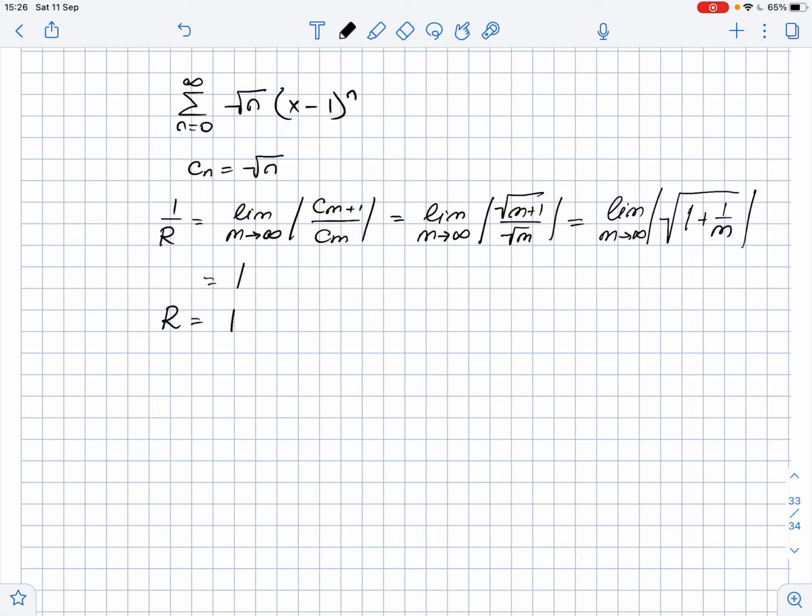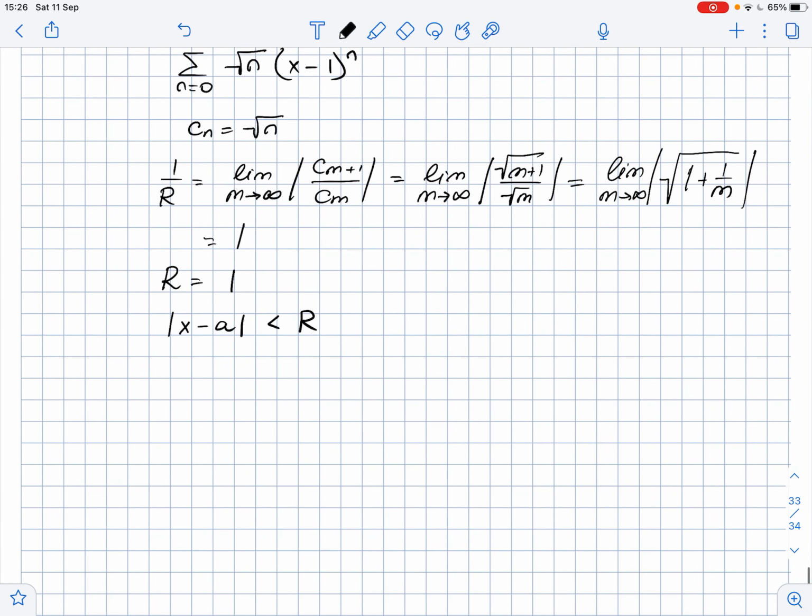Then for the interval of convergence, if the radius of convergence is finite and non-zero, then the power series is convergent inside the interval the absolute value of x minus a is less than r, where r is the radius of convergence.